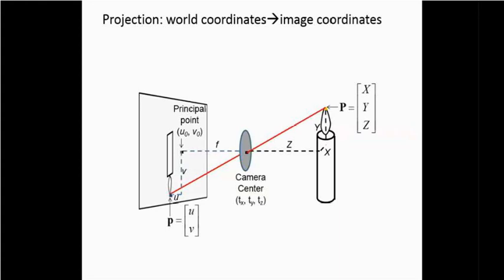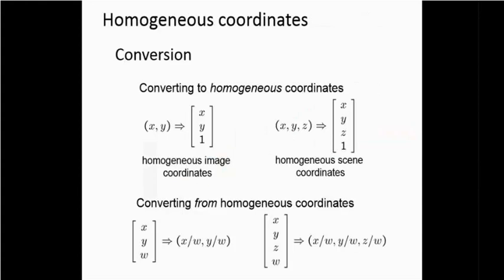So the equations that I gave you before are nonlinear equations, right? It was v equals f_y Y over Z plus v naught. But we'd like to represent things as a linear system of linear equations. So a convention that we can use is called homogeneous coordinates.